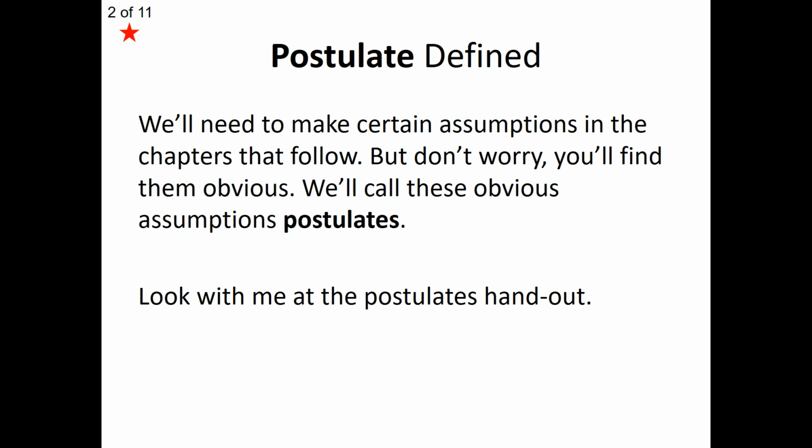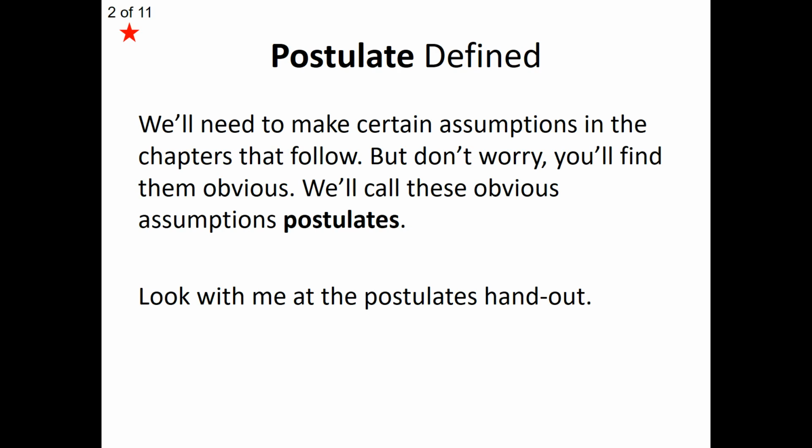For example, if we look at the postulate handout page, one of our very first postulates we're going to encounter is what's called the line existence postulate. It's one of those obvious things that we should not have to argue to be true. It says between any 2 points, we can create a line.